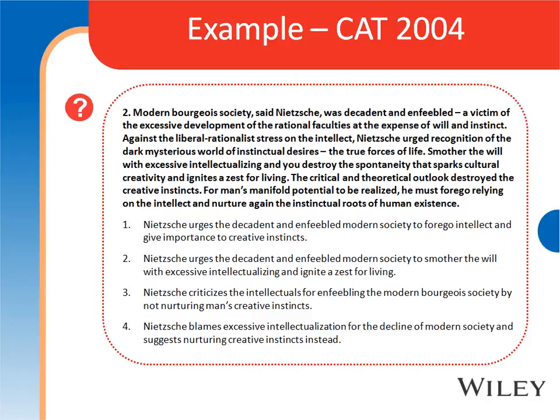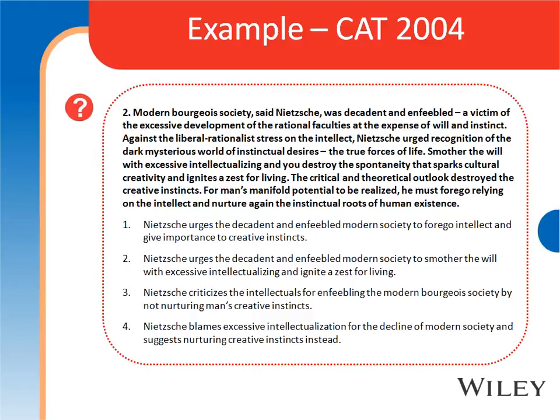This is because we are using our rational faculties, right? Development and using of rational faculties, at the expense of will, right? So Nietzsche urges us to recognize our desires, and it says that if we smother the will, we destroy spontaneity. Hence, we should not rely on intellect and we should go back to our instinctual roots of human existence.